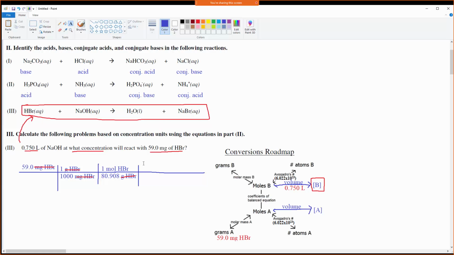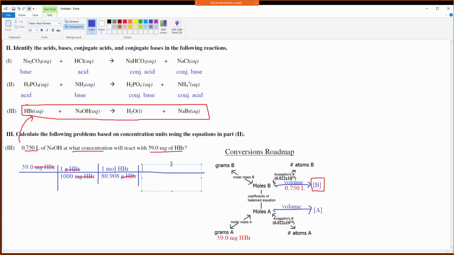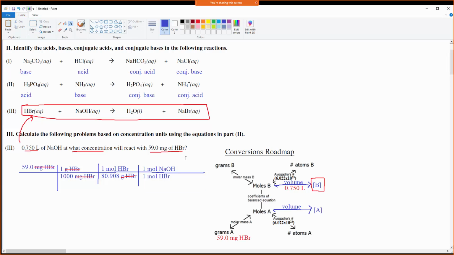Sarah notes that our coefficients here are 1 to 1. It didn't look like we went out of our way to balance it, but if you glance at it, you'll see it is already balanced. That's obviously not a guarantee. My identity units, okay. And my measurement units, okay.